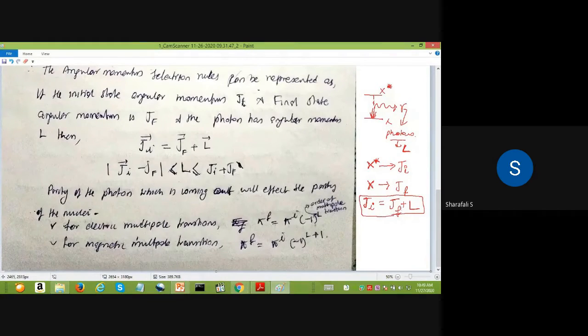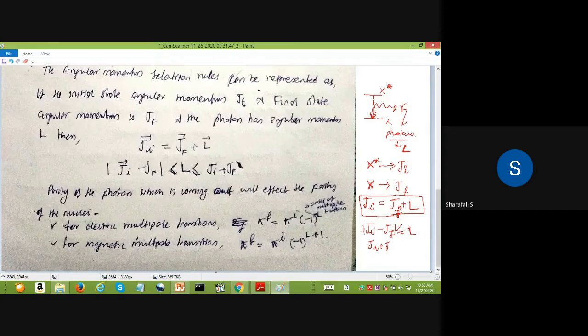So the initial angular momentum should be equal to the angular momentum of the ground state nucleus plus the photon angular momentum. From this condition, if you take Jf to the other side, we can say Ji minus Jf equals L, or in general, we can say this should be equal to or less than the L value. In other words, we can say Ji plus Jf. So this should be in magnitude.